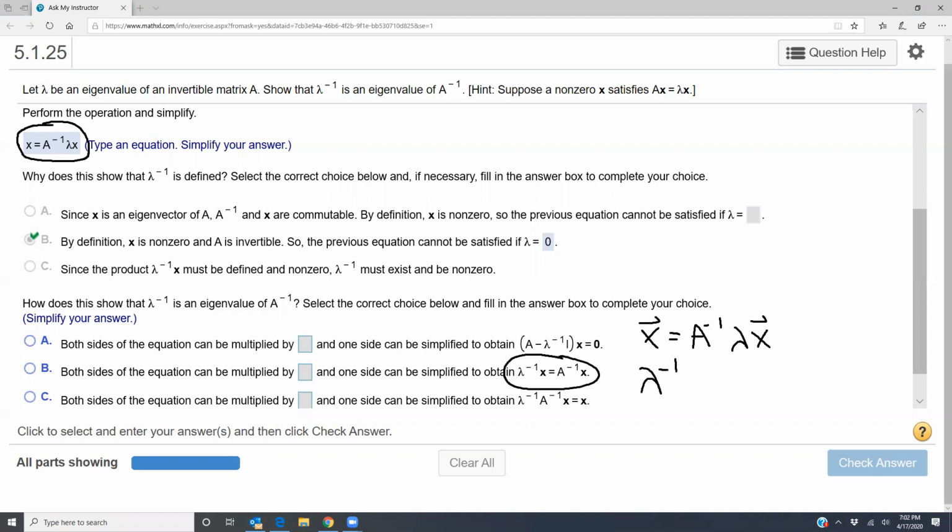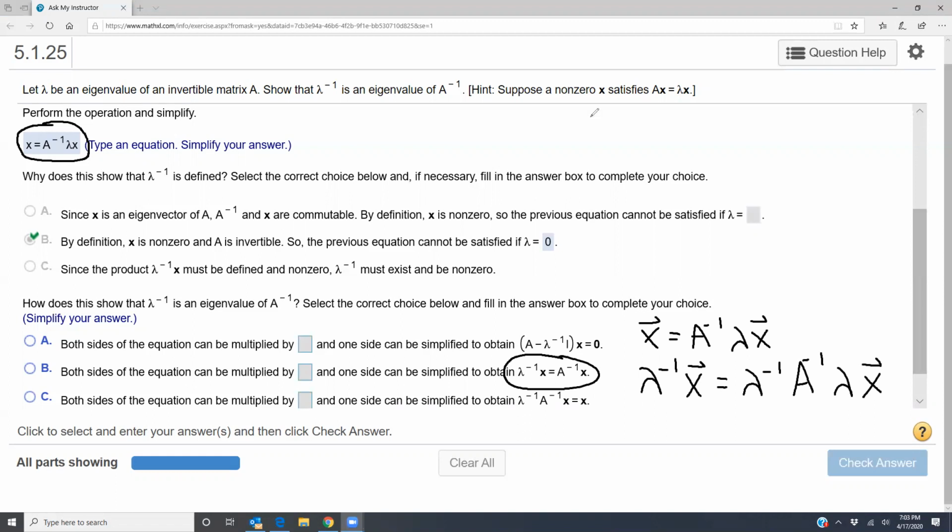And I know I keep slipping up and calling it lambda inverse, but since lambda is a scalar, it's actually lambda to the negative 1. So lambda to the negative 1 x equals lambda to the negative 1 times A inverse lambda x.